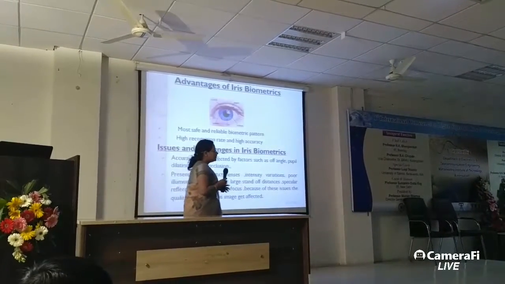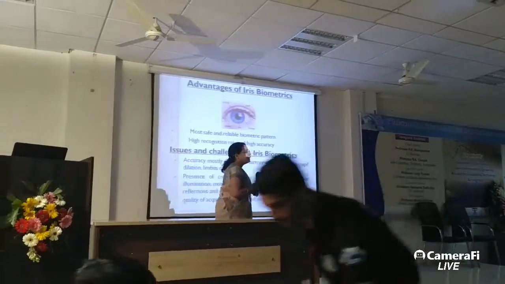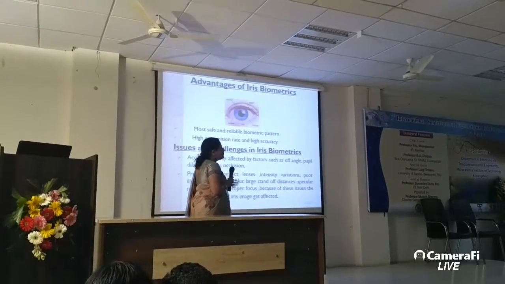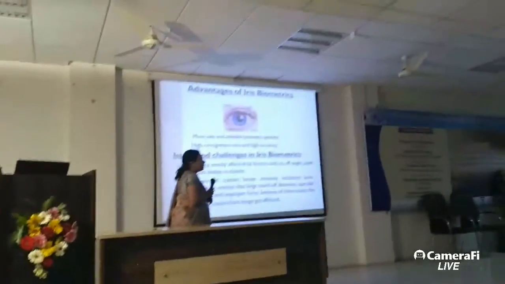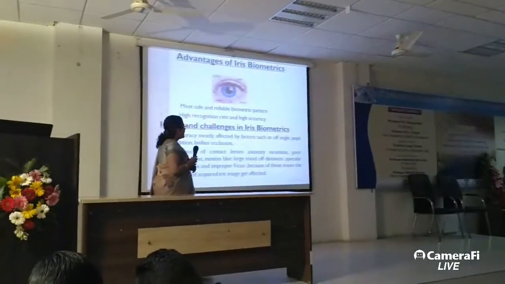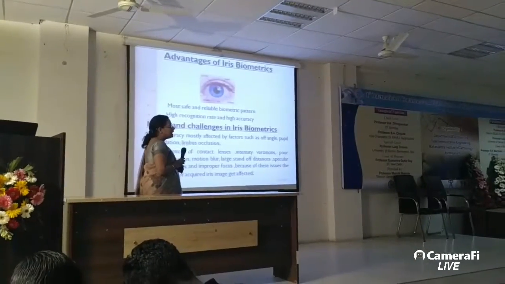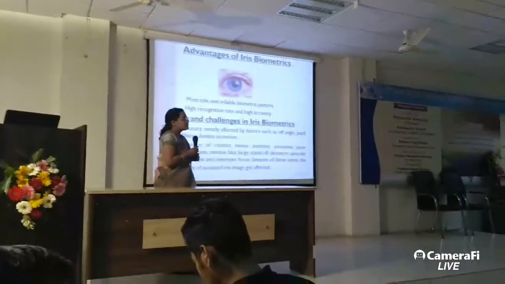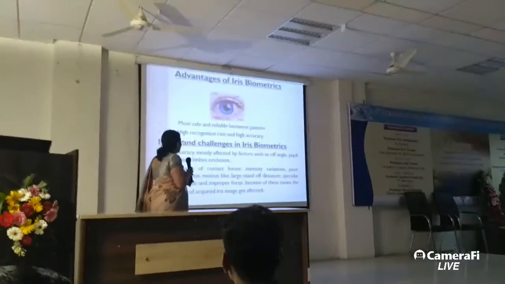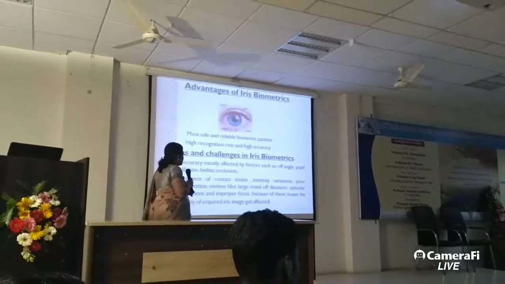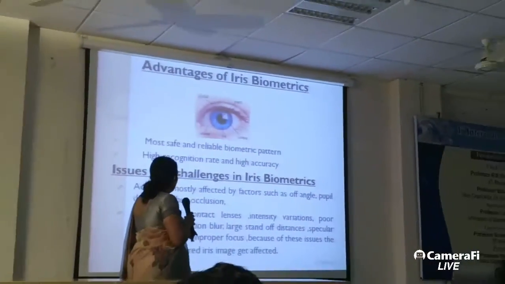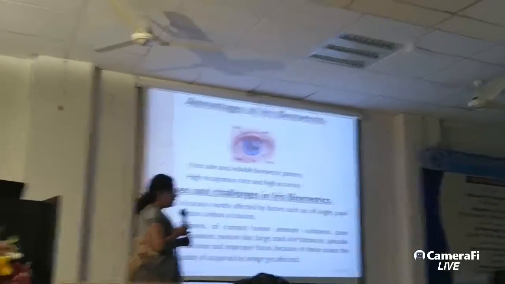As compared to the other biometric patterns like hand, retina and other methods, the iris is the safest and is considered a reliable biometric pattern, due to which iris biometrics have a high recognition rate as well as high accuracy. But the challenges of iris biometrics include that most of the time the accuracy is affected by factors such as off-angle, pupil dilation and limbus occlusion.